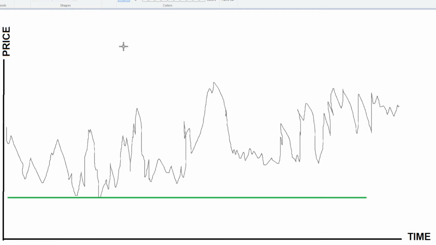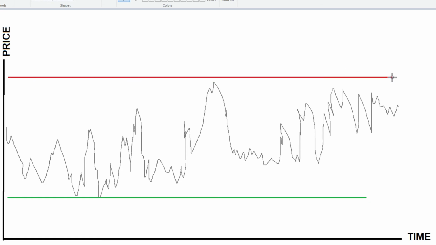Now that we have a very basic understanding of support, let's talk resistance. I can say that over this time, the stock price has not been able to break past this line in price. So this is the line of resistance. Let's say, for example, that this graph measures days, maybe a couple of months or so.